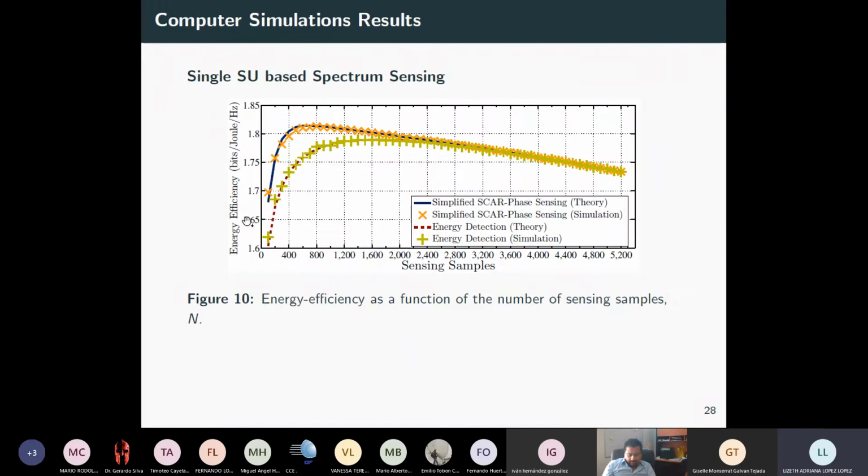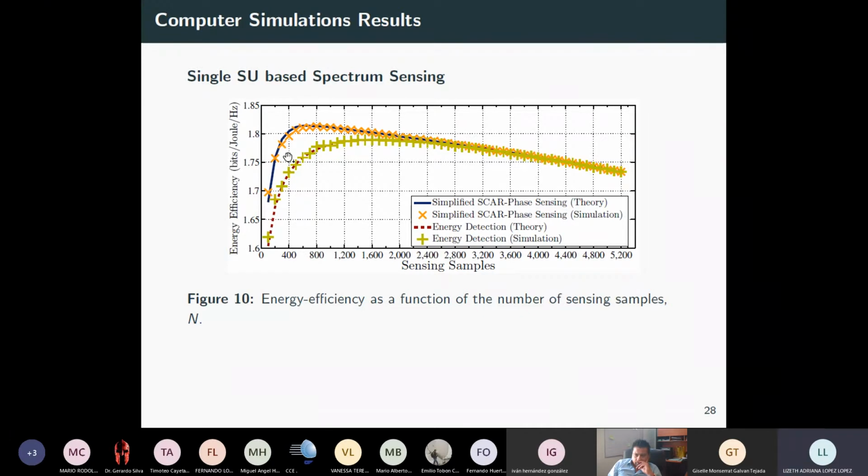For example, as we can see in this plot, where the energy efficiency is shown as a function of the number of sensing samples. And we can see that the simplified scarf phase sensing attains a better energy efficiency than the energy detection, and with fewer sensing samples.